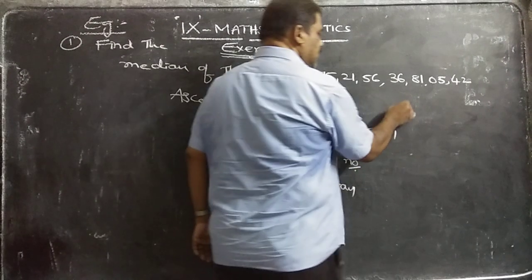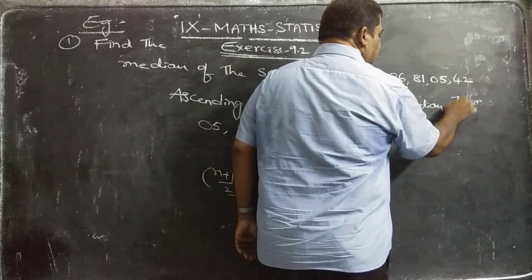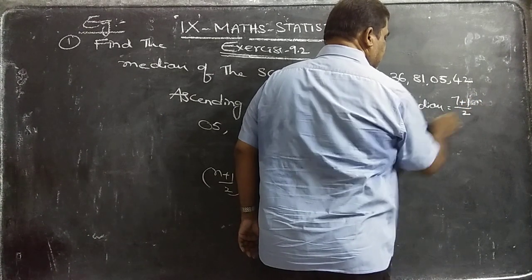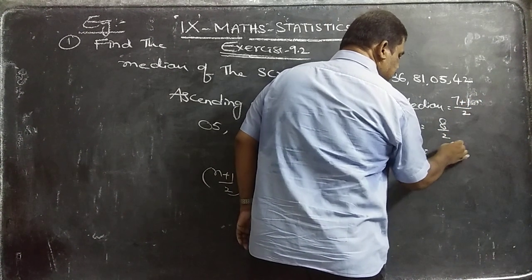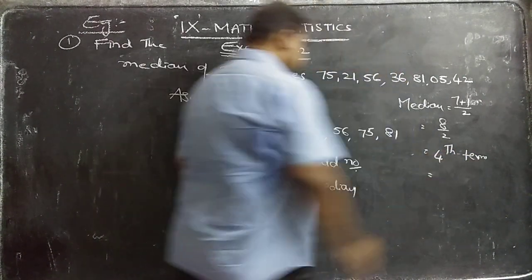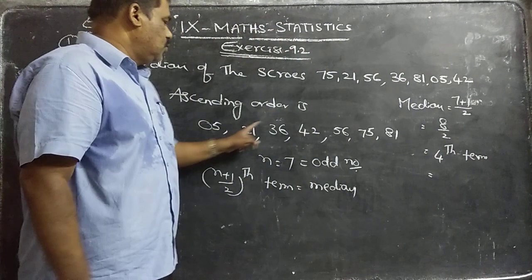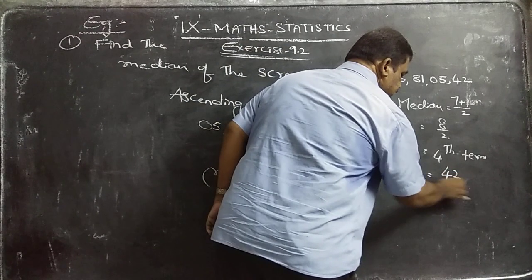Therefore, median is equal to 7 plus 1, that is 8 by 2, that is the 4th term. So let us see what the fourth term is. 1, 2, 3, 4. So 42 is the median.